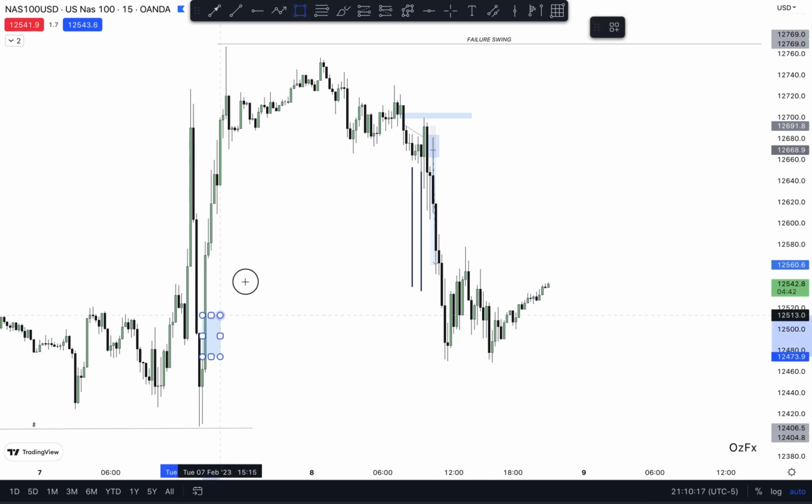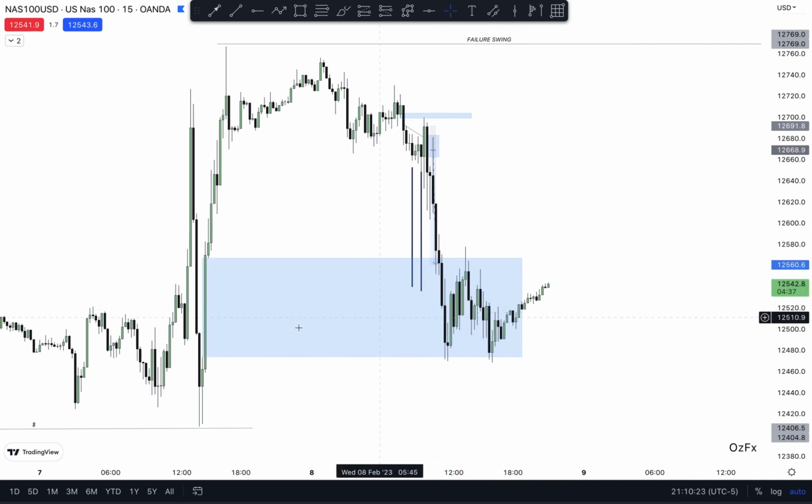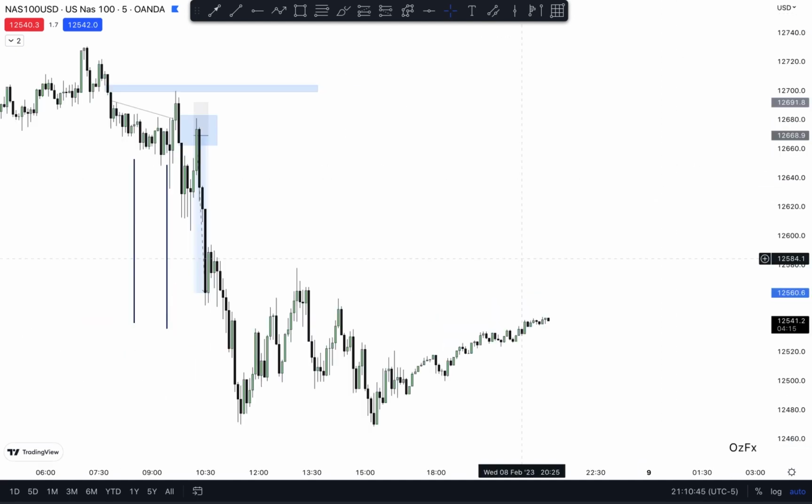Well, we normally expect that to get filled in, okay? And now looking at it and pulling that imbalance over, look how price respects that imbalance. Yes, it goes through it a little bit, but for the most part it respects it, and it's playing around in there, filling it in. So this could be enough for price to push back up, but that's not what we're here to talk about either. All right, so let's go down to the 5-minute.